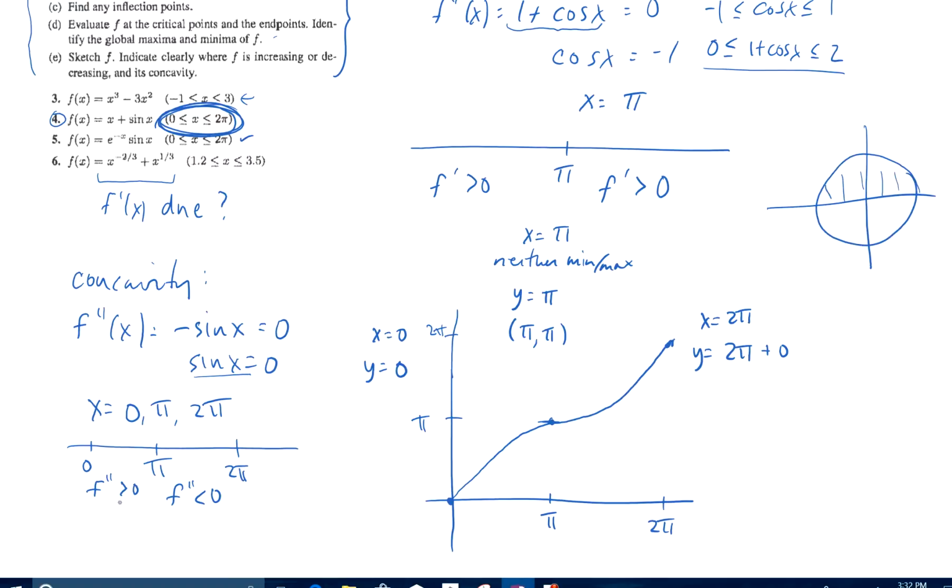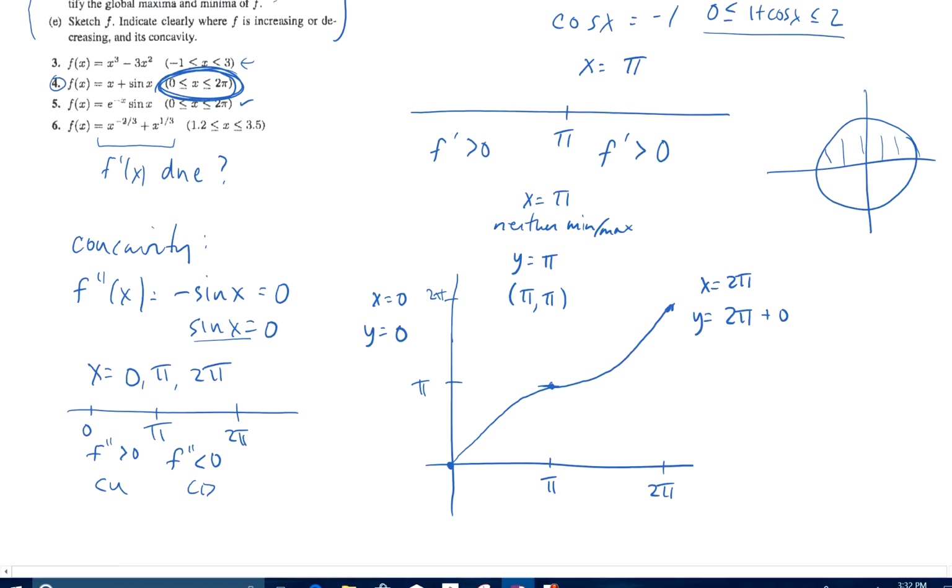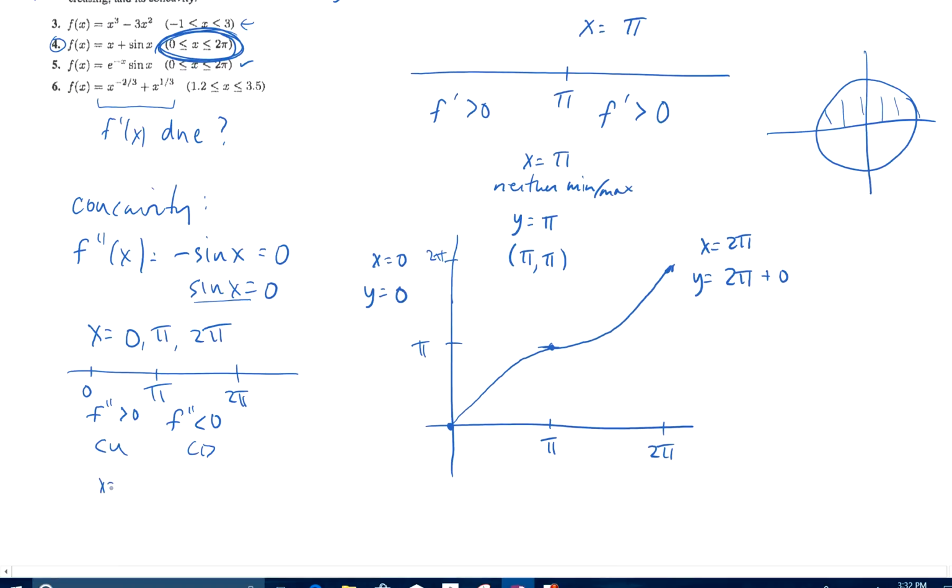So the second derivative is positive, concave up, then negative, concave down. That makes x equals pi, y equals pi, an inflection point. Does that make sense?